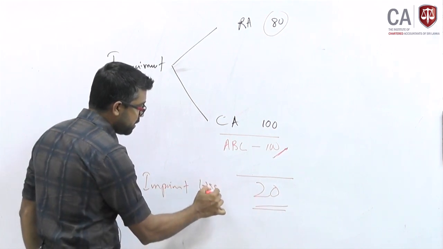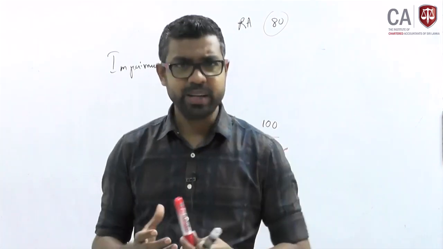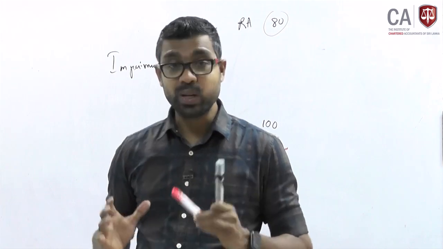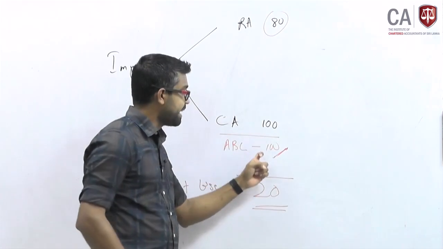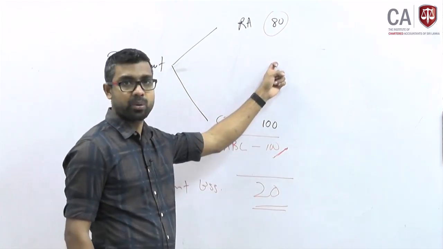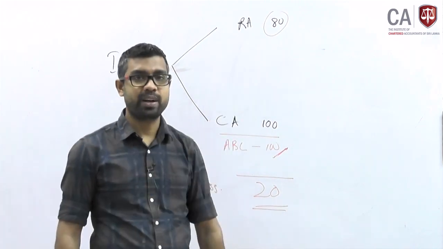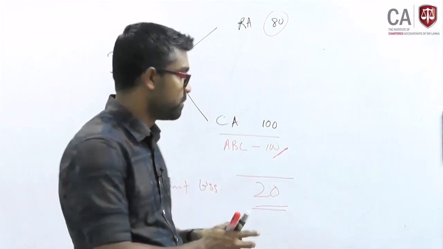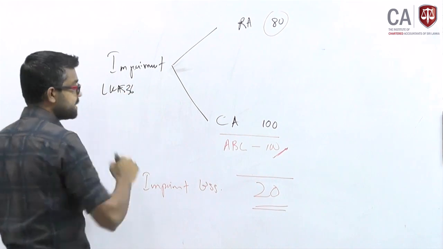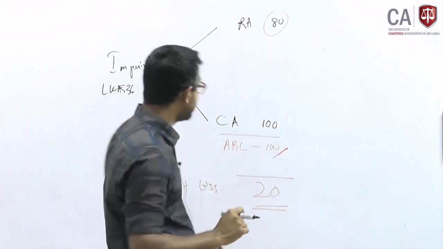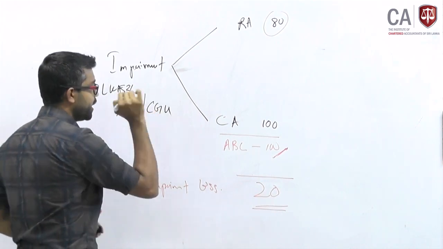Impairment loss. Is it a big word? It's a nice word, but simple to understand. If carrying amount is higher than recoverable amount, realizable value, you always have an impairment loss. There is an accounting standard for this, LKAS 36. That standard talks about asset impairment, basically property, plant and equipment and cash generating units.